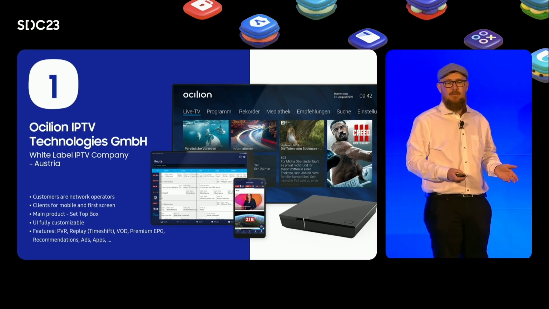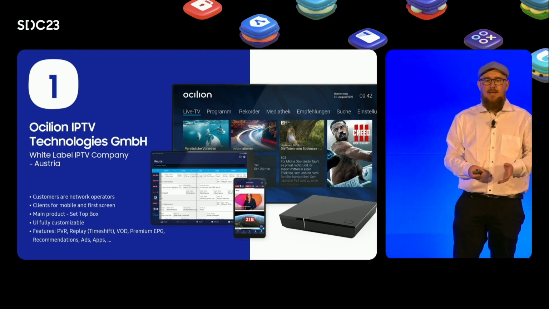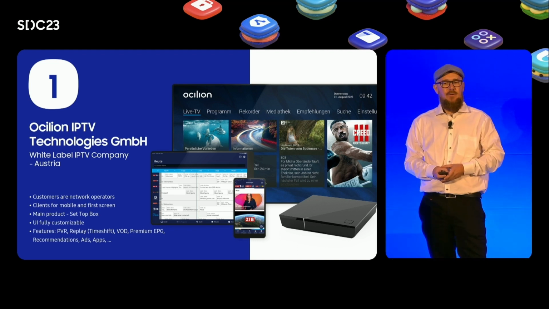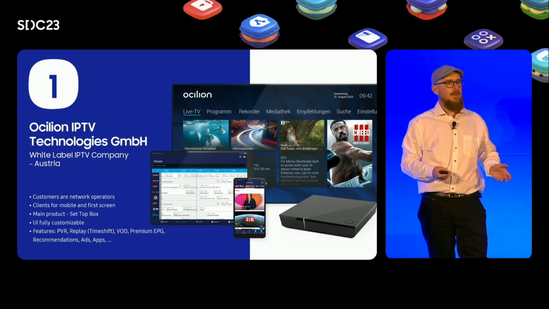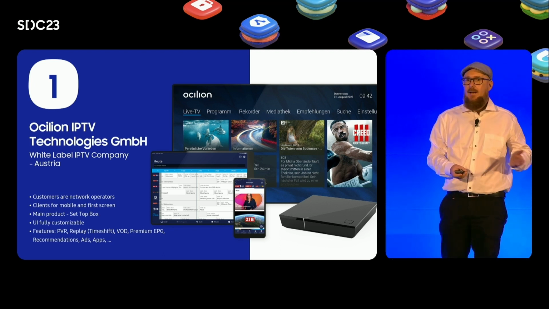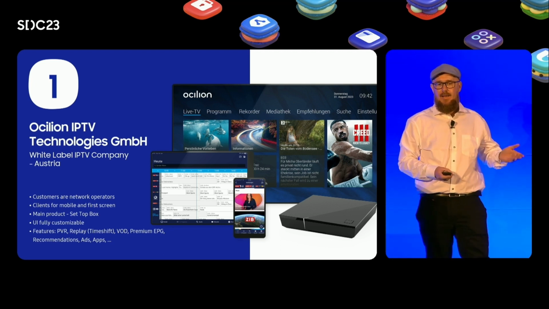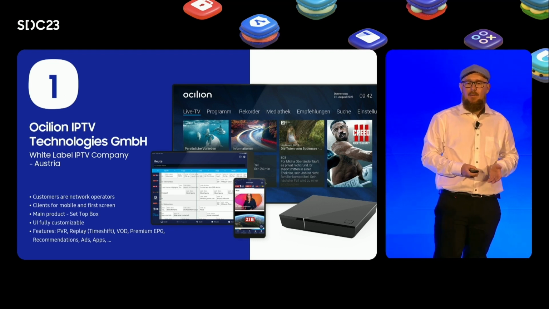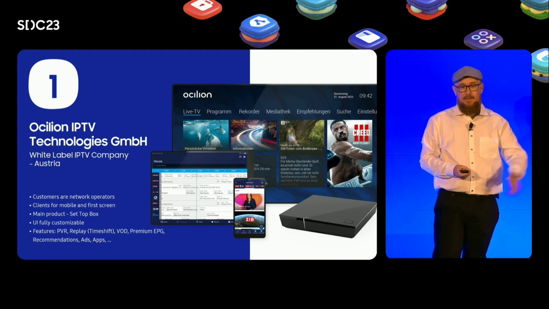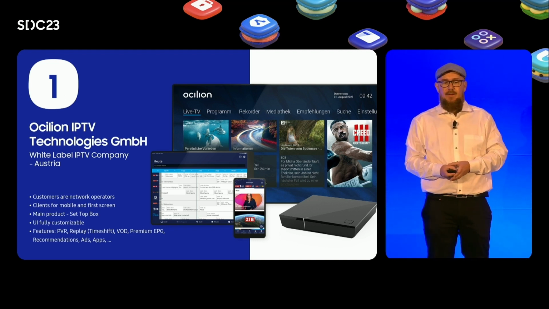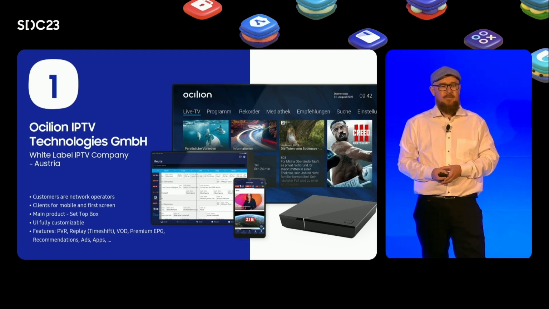But to be able to watch our transcoded stream, the end user needs a client. So we have a wide portfolio of supported platforms, like iOS, tvOS, Android, Android TV, a web client, and our main product, our Linux-based set-top box that has been invented on our own.